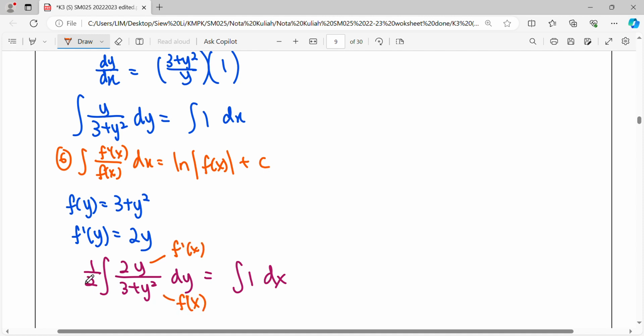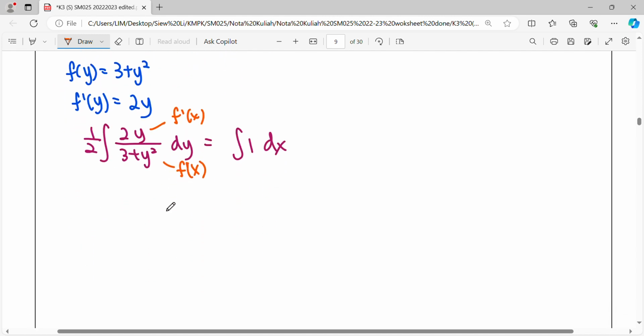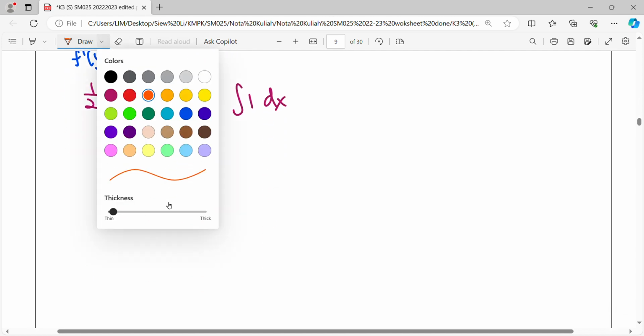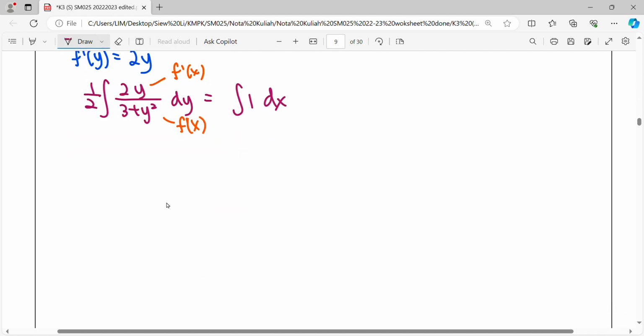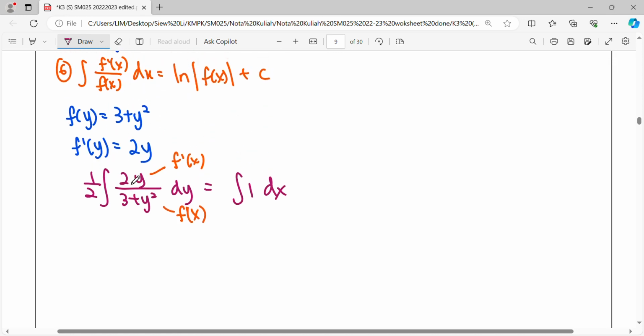When we divide by 2 and multiply by 2, we didn't change the value of this integration. So based on the special form formula, the integration here will bring us straight away to ln of f x. And for the right hand side, we just integrate 1, so we get x plus c.